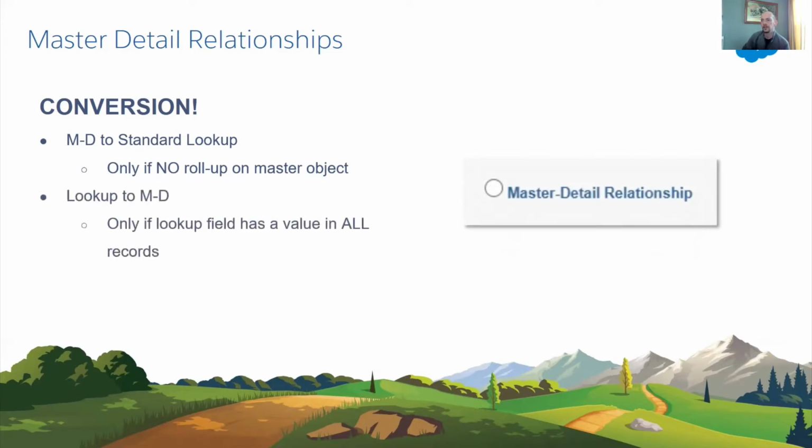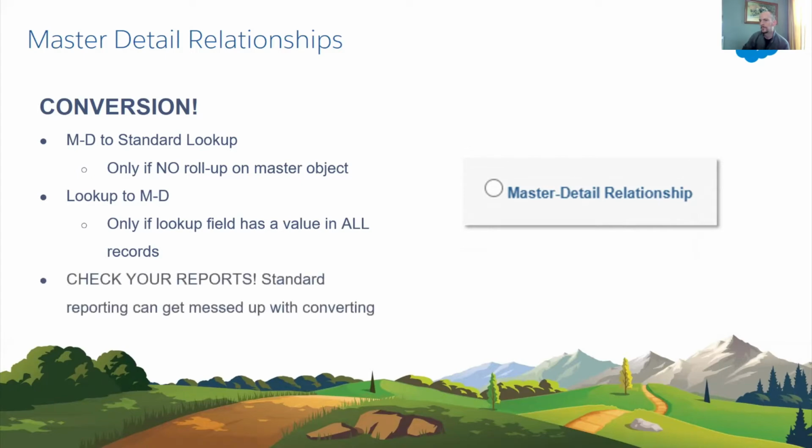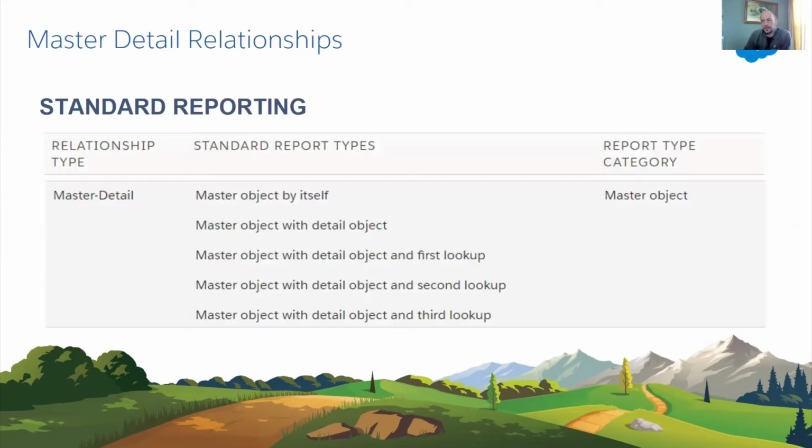If you want to change it from a lookup to a master detail, you can do it if the lookup field you want to convert has a value in all of the records that field is on, not just the record you're working with. And when you convert, check your reports, because sometimes it screws up the standard reports it gives you.